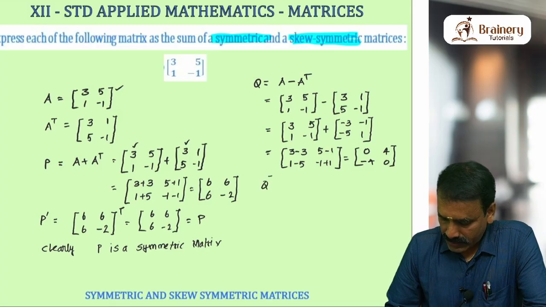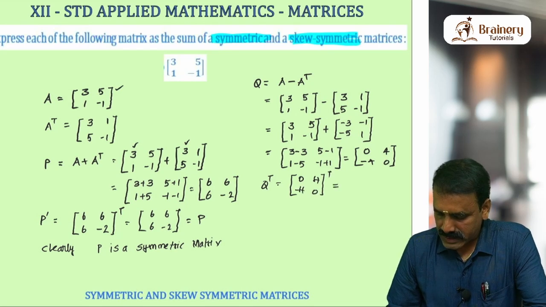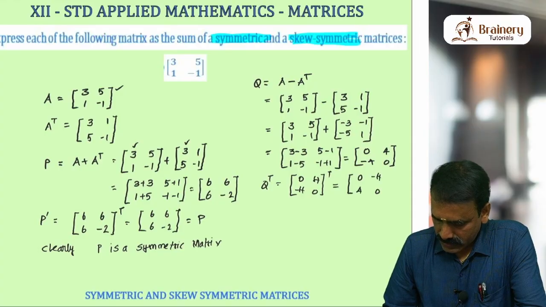I try to find Q transpose. Q transpose will be equal to 0, 4, minus 4, 0. I am going to find the transpose of this matrix, which is equal to 0, 4, minus 4, 0.